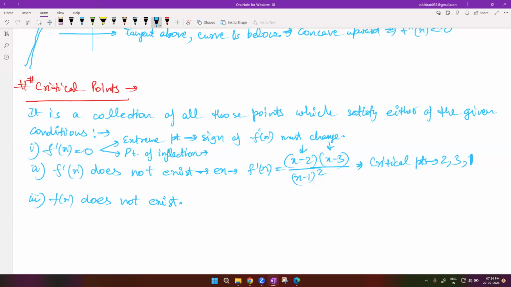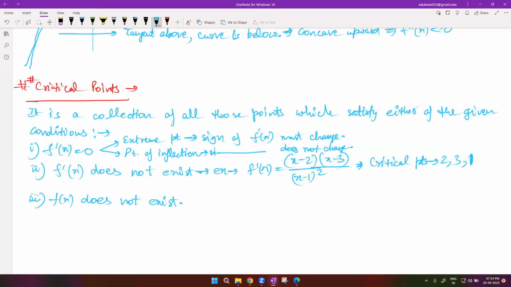And for a point of inflection, the sign of f dash x does not change, but f dash x is 0 in both the cases.